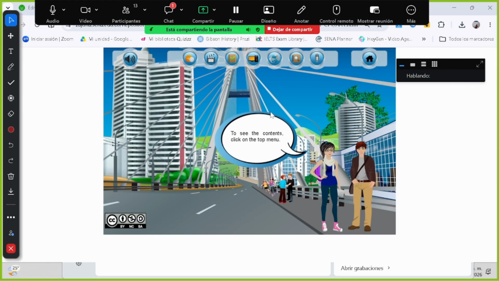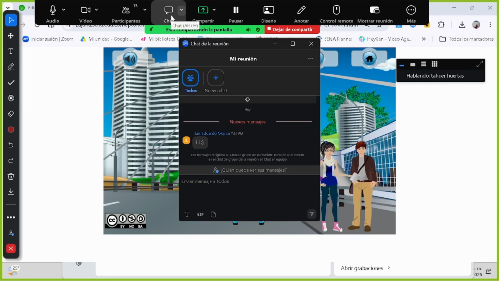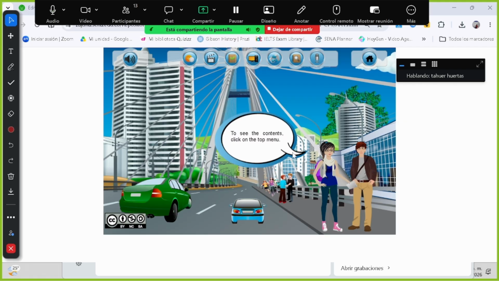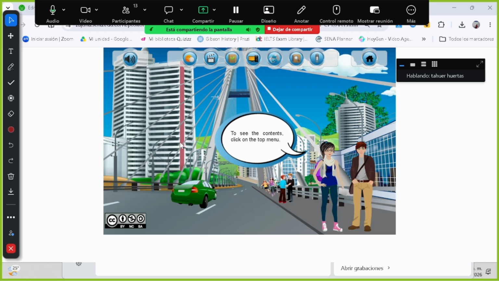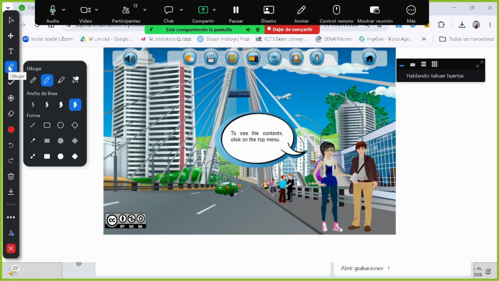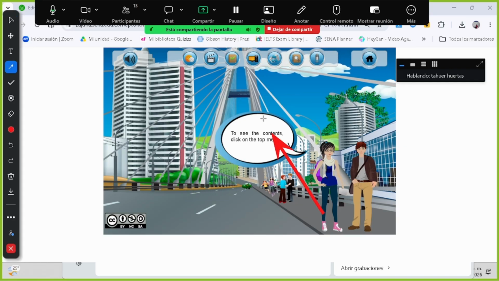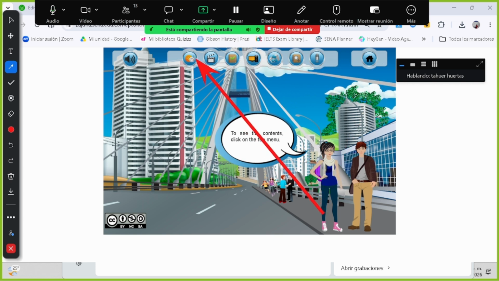Well, in this part, you can see like an explanation of the topics, of the contents. Here you can see some parts. This is like some menu that you can use to practice.